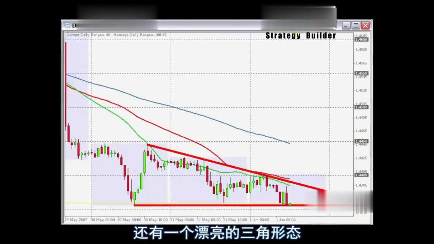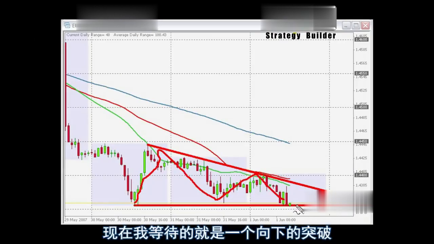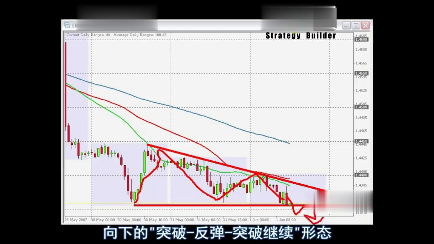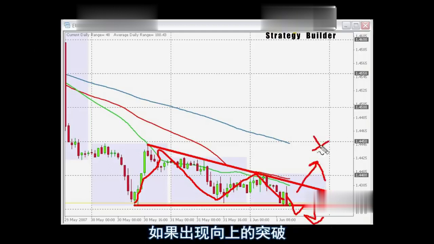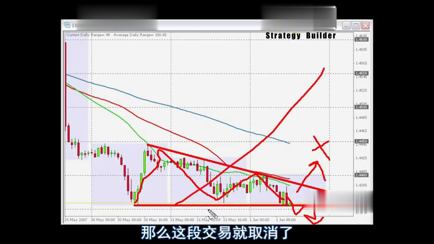Also, I see a nice triangular formation, right there, and what I would like to see is a breakout to the downside, a pullback and a continuation of the move to the downside. Any breakout to the upside for the time being, at least for today, Friday, would cancel the whole thing.